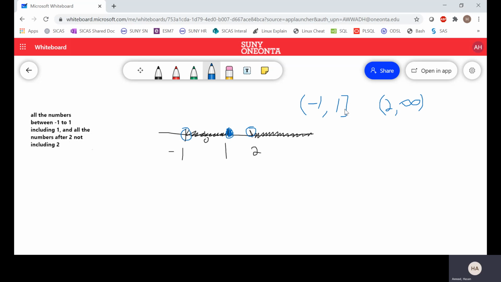Okay, so now we have these two pieces. We have these two different intervals. But really, it's one interval, right? Because this is all one answer to what we were trying to describe before. So what we do is we draw this kind of U-looking thing. And what the U is, it stands for union. A union basically means and.